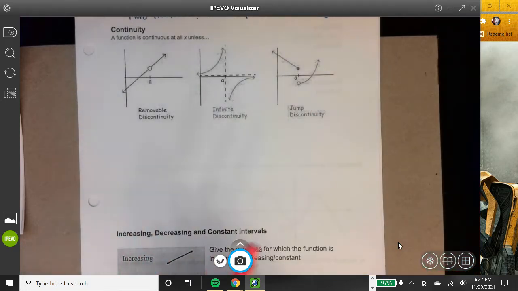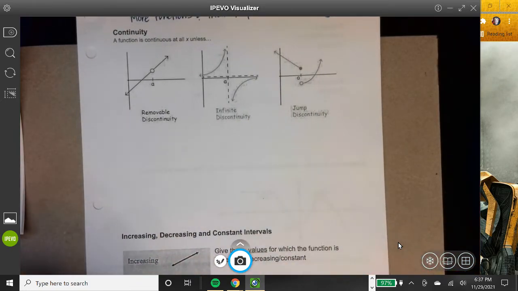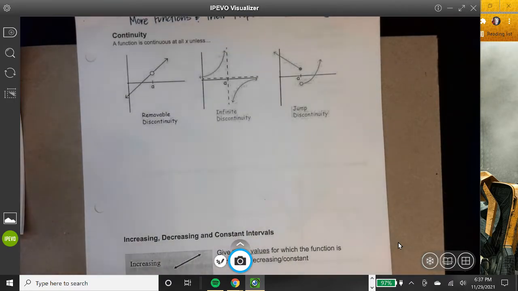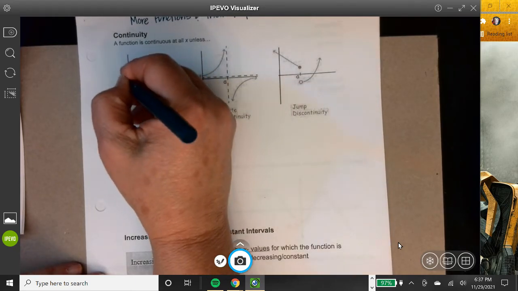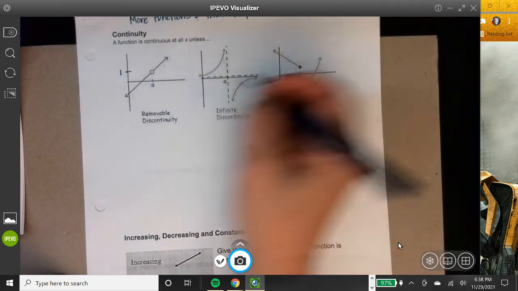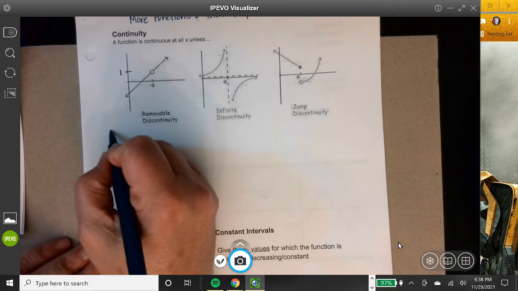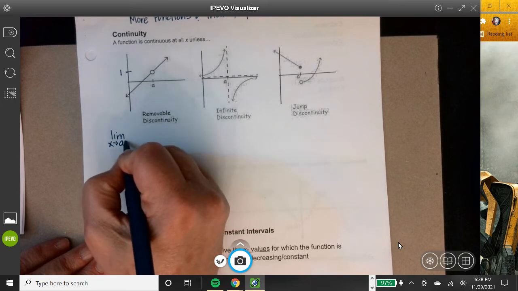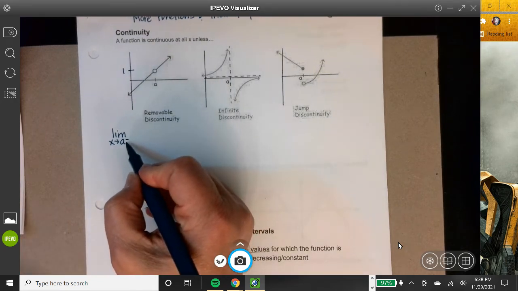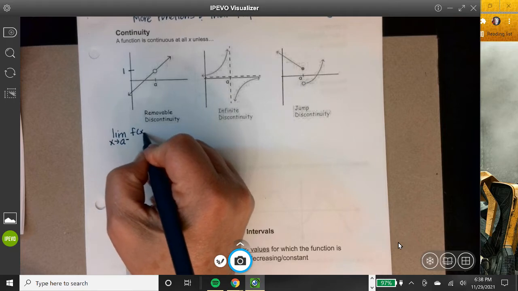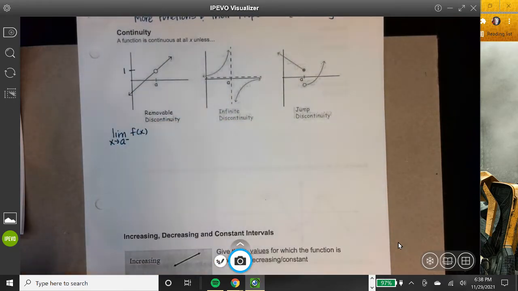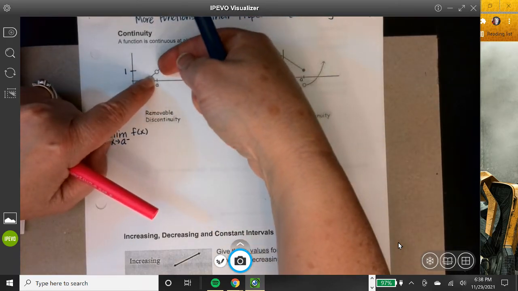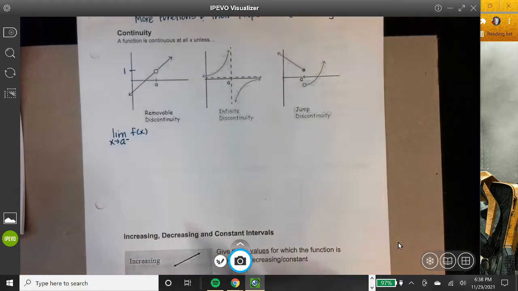All right, so what I'd like to do is talk about how the limits work here. Let's just say that this is 1 here. If I wanted to figure out what the limit was as x approaches a from the negative side, and we use a superscript minus on the a, that means as x gets closer and closer to a, the y is getting closer and closer to 1.